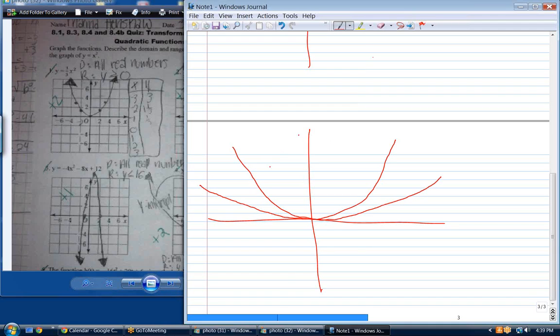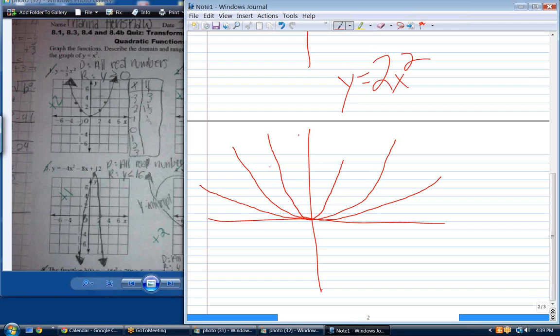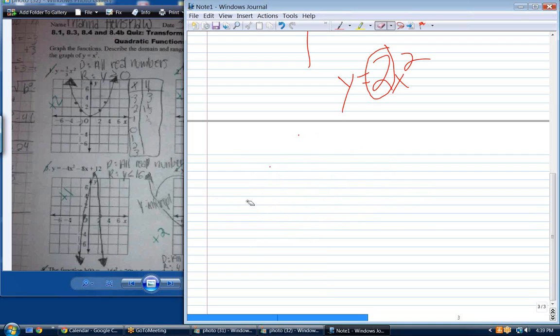If it was y equal 2x squared, that would make it skinnier by half. So when this coefficient is greater than 1, it makes it skinnier. When it's between 0 and 1, it makes it fatter. So I don't know how she wants you to describe it, but you could say that it's wider than the parent parabola. It's wider by a factor of 3.